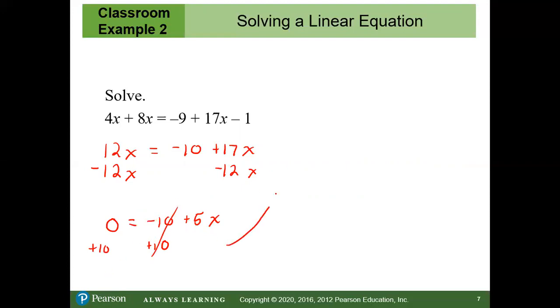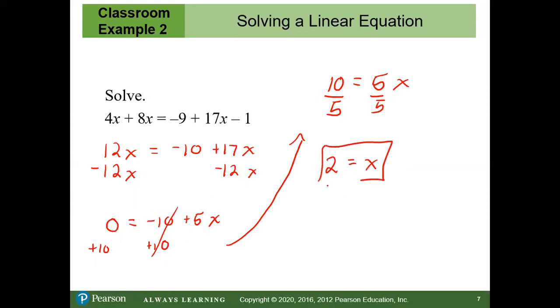And that leaves you, and I'm going to move up here, need more space, that's going to give you 10 is equal to 5x. Because again, the negative 10 plus 10 canceled out. And now the inverse operation here is, this is multiplication, so we need to divide both sides by 5. So you get 10 divided by 5, which is 2, and the value for x is going to be 2.